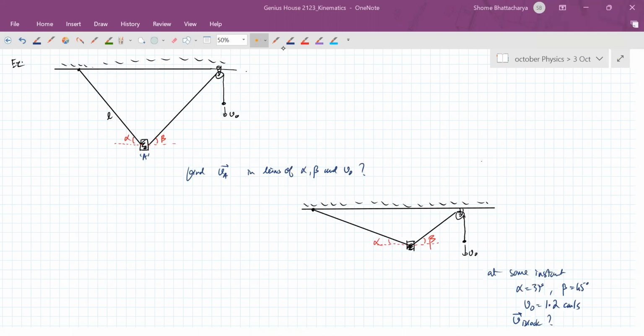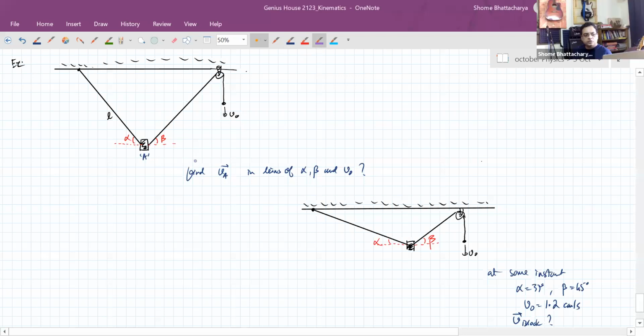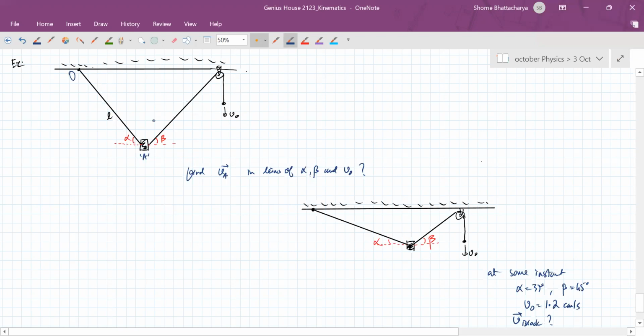It will have a horizontal component towards right. It will have horizontal also and vertical also, but is there anything specific about its path? See, there are two threads now, both the lengths are conserved, but this one is very interesting. This length is conserved, means what is happening? The distance of the point A with respect to, let's say, this point O is constant, right? It will have a circular path.